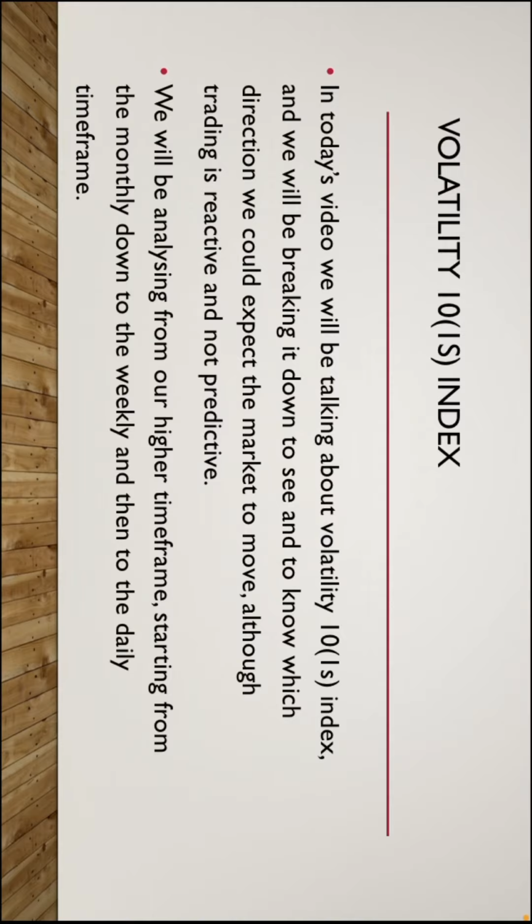Now, as I told you guys earlier, we'll be talking about the volatility 101S index, and I'll be breaking it down for you guys to understand what path this particular market pair is going to take, either it's going to be bullish or it's going to be bearish. And in doing so, we'll be analyzing from the higher time frame down to the daily time frame, which is from our monthly to our weekly and then to our daily, to see where we have the highest probability setup. So let's go straight to what we have on the chart.